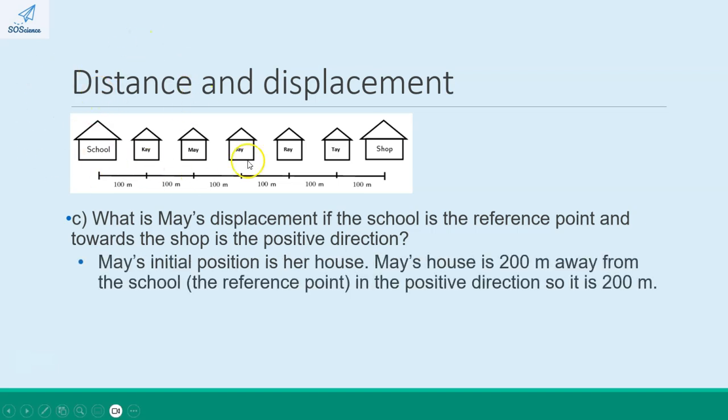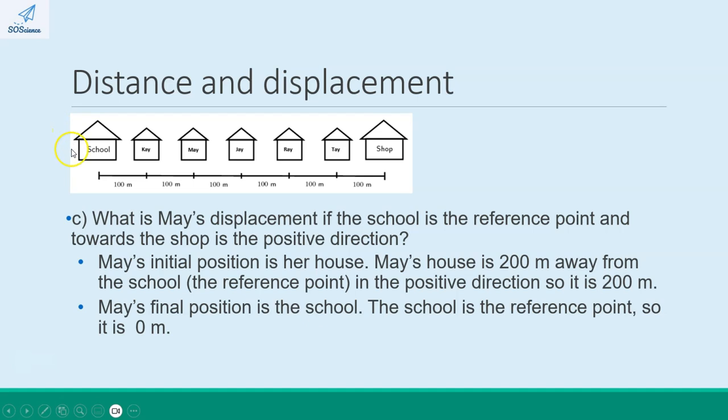So in this case, May's initial position is her house. May's house is 200 meters away from the school because the school's the reference point, and it is in the positive direction because towards the shop or to the right, is the positive direction. So the xi is 200.